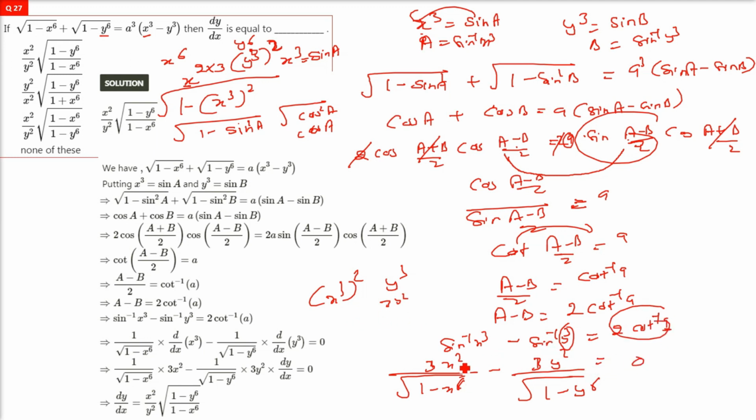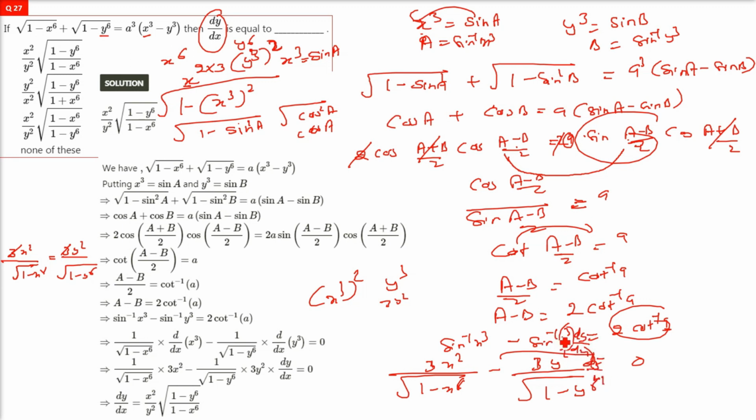Alright. Now let me find some place. I don't want to rub it. Okay. So this is going to be, I'm writing in short letters, 3x square over under root 1 minus x to the power 6 is equal to 3y square divided by under root 1 minus y to the power 6. 3 gets cancelled. And since we have this dy by dx, so when we did sine inverse y cube, when we did 3y square, it is dy by dx also.